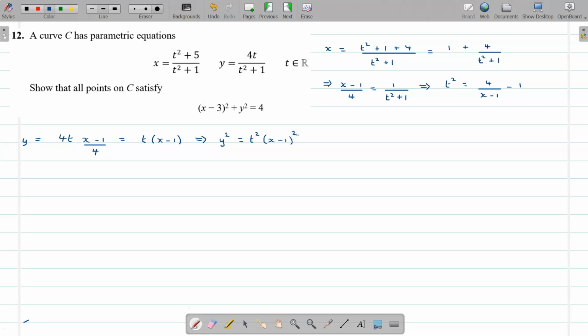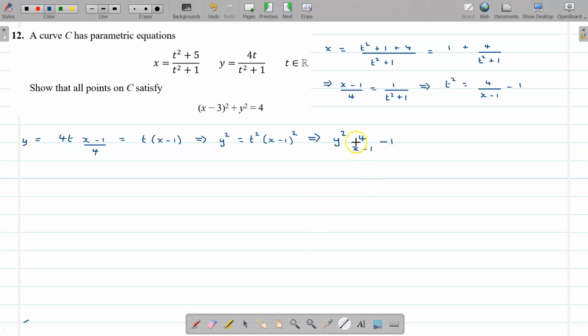And I can now replace that t squared with 4 over x minus 1 minus 1. Okay, so it's just a question of systematically trying to remove the t from the whole thing. So I'm now replacing t squared with 4 over x minus 1 minus 1.